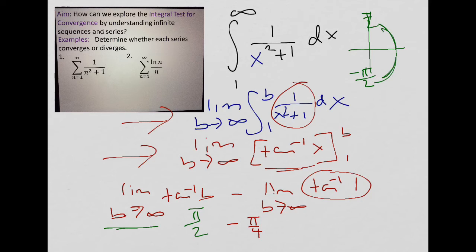This is our range. This is what values we're using with our inverse tan. Well, that means we actually have an answer. We have pi over 4 as an answer. Okay, so our series converges.